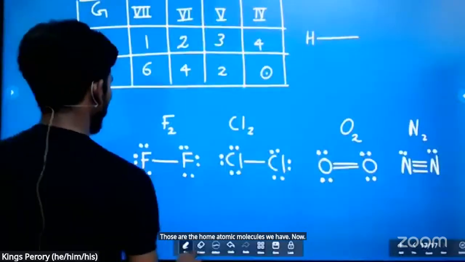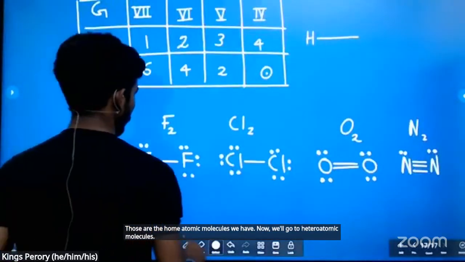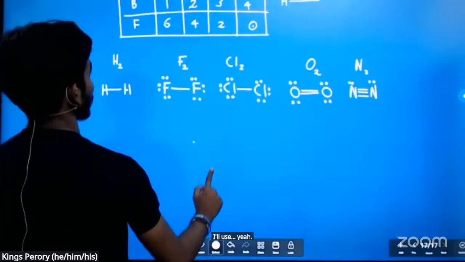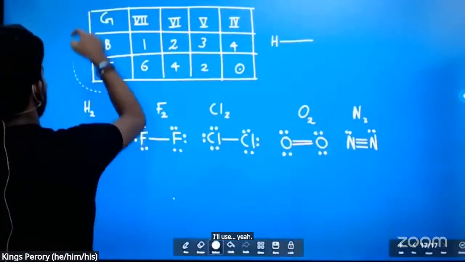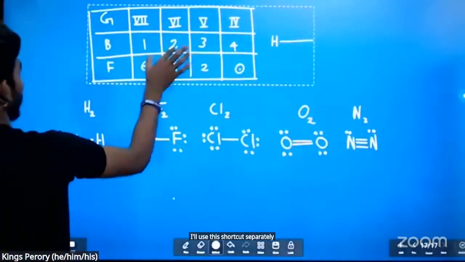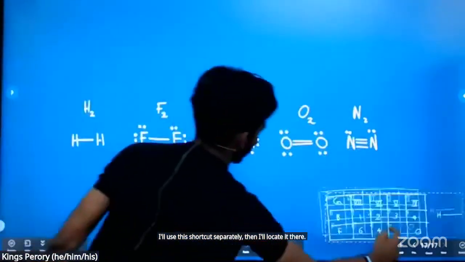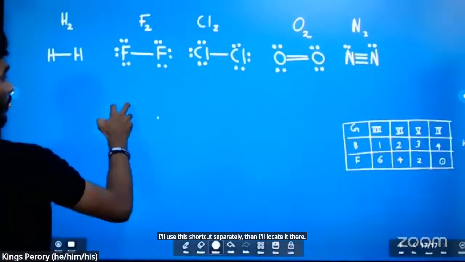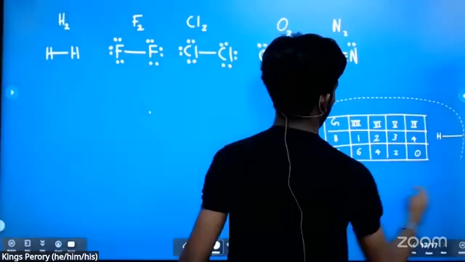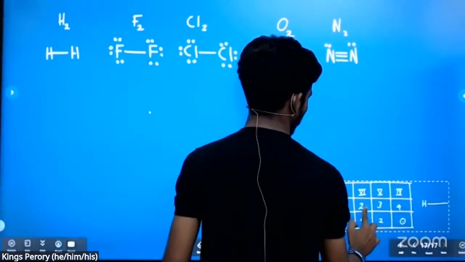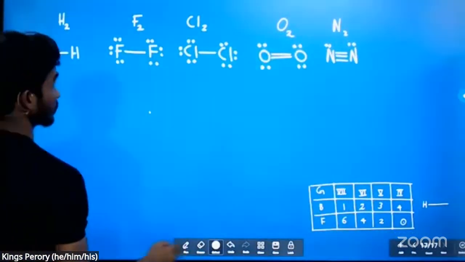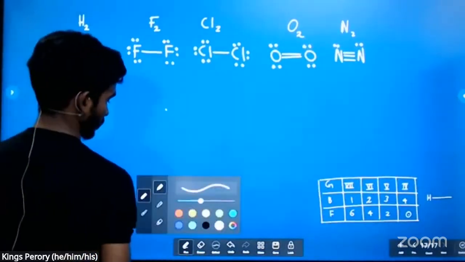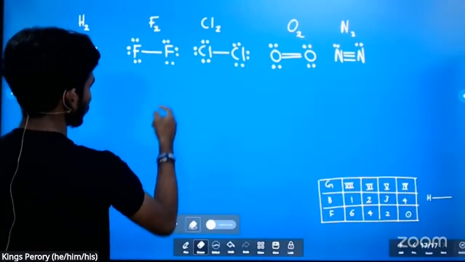Now we'll go to heteroatomic molecules. I'll use this shortcut separately, then I'll locate it there. Right.